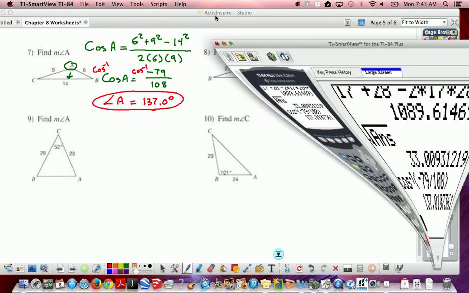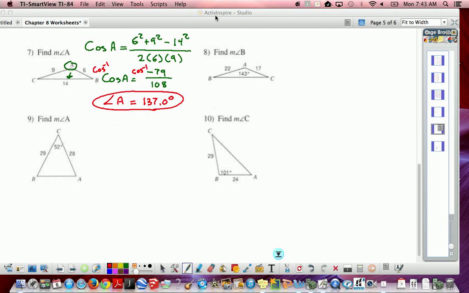Now, numbers 8 through 10 is actually a two-step process. The first thing you have to do is find your third side. On this one, I have to find the side across from little a before I can use this angle formula.